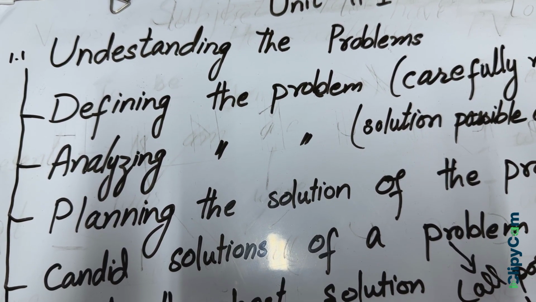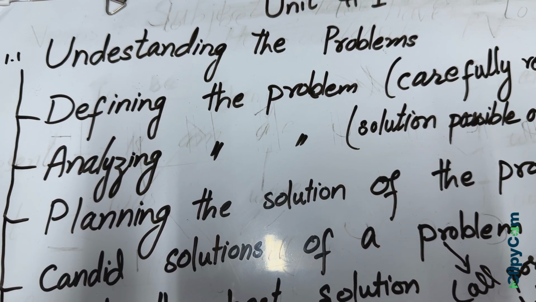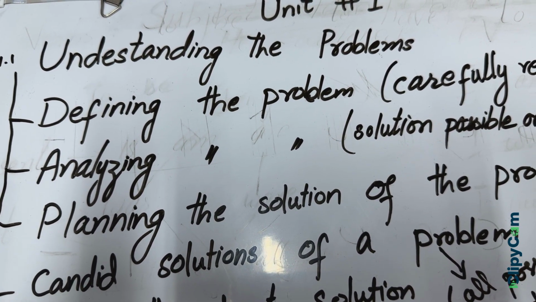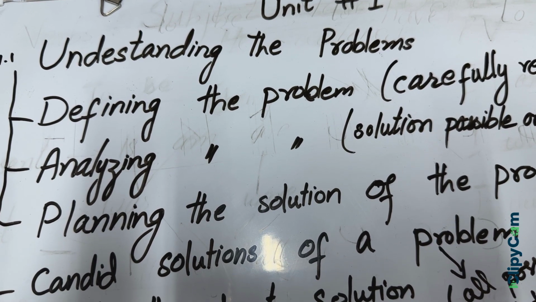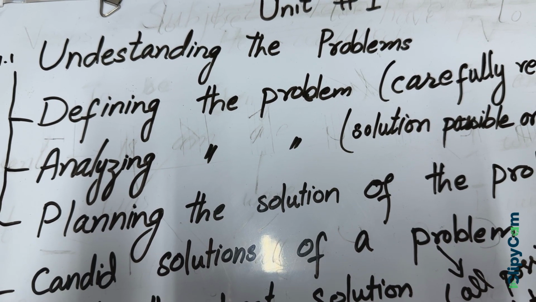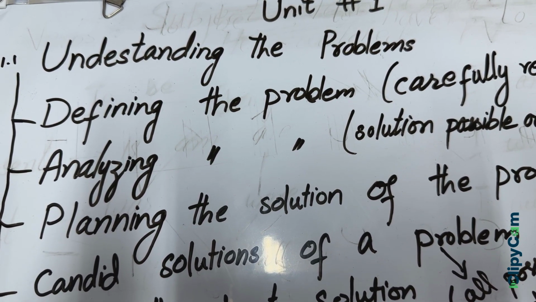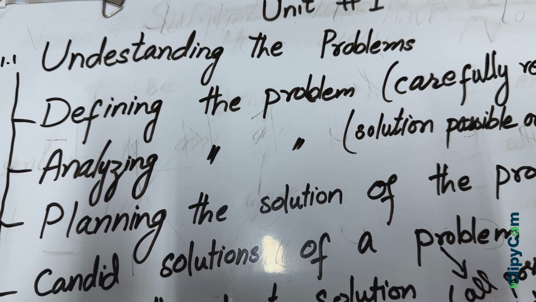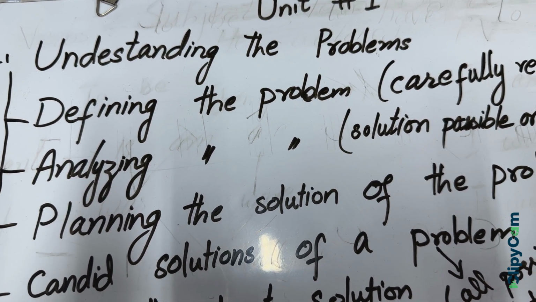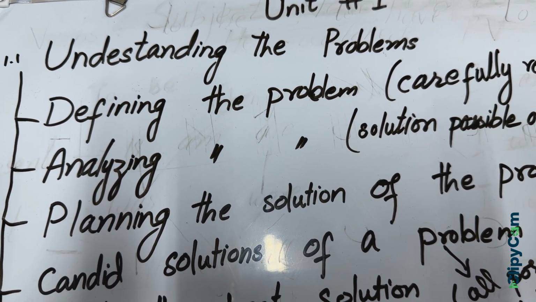So in programming techniques, first of all, you think about the problem, any problem given to you, right? Then you find out whether its solution is possible in the computer field or not. Then you start to understand the problem, then find out the solutions of the problem, right?